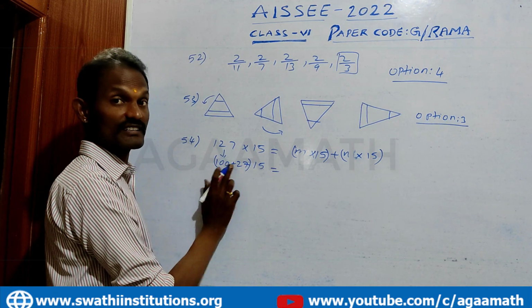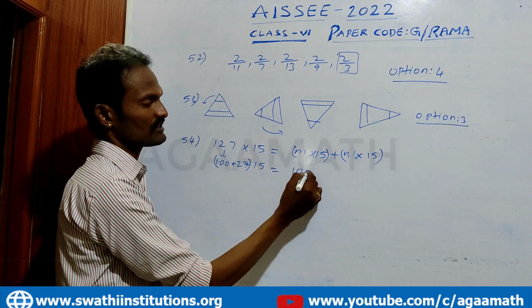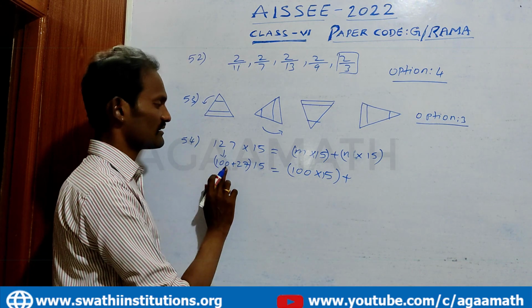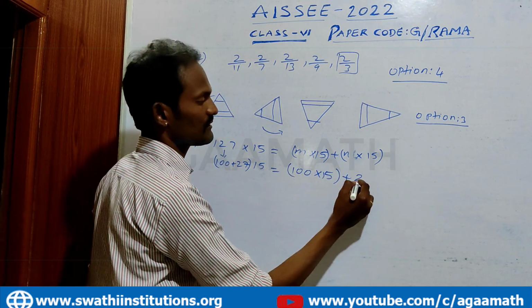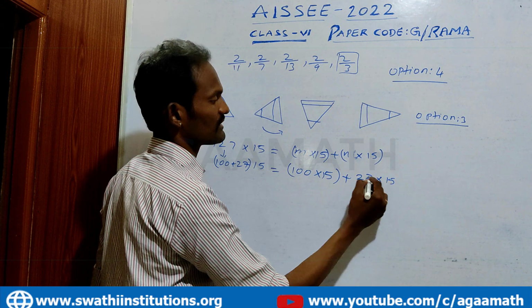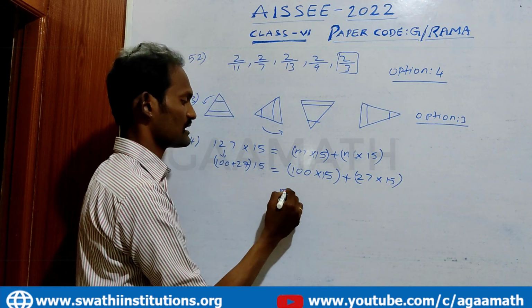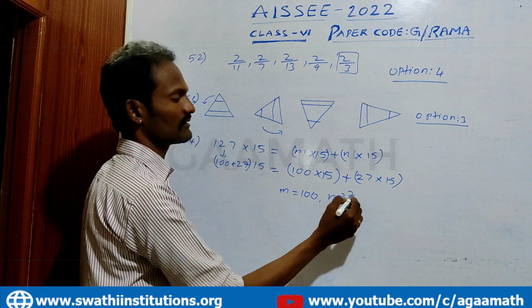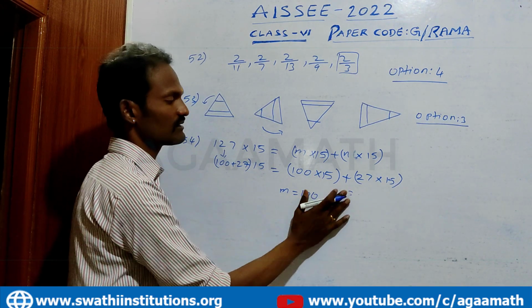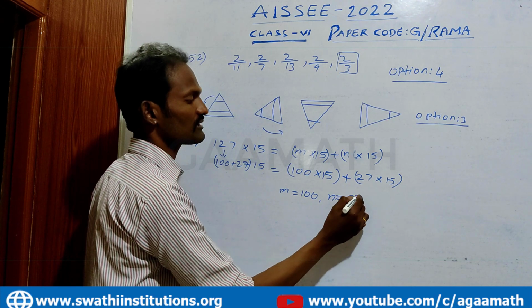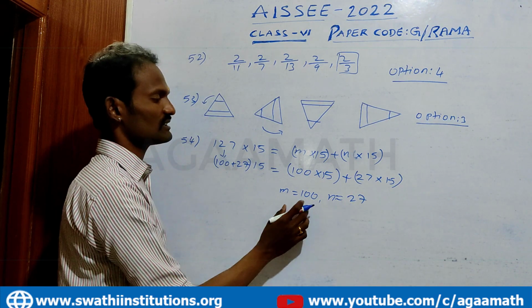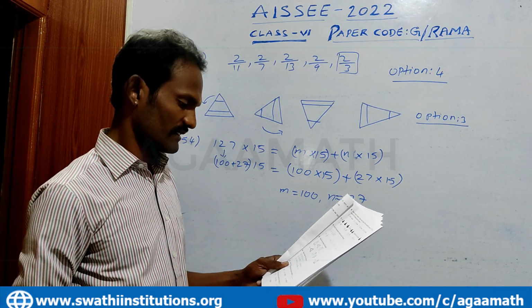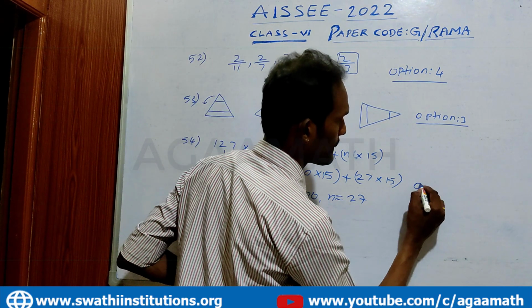So it becomes 100 times 15 plus 27 times 15. In that case, m equals 100, n equals 27. These are the values of m and n. According to the given options, the fourth option is the right one.